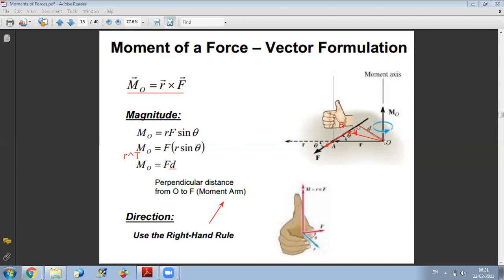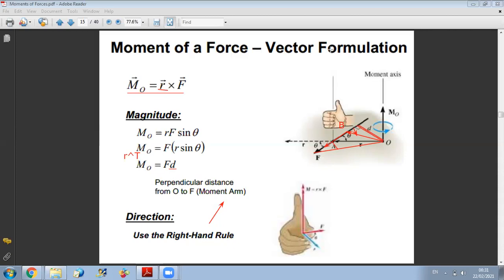So try also another point. If you try the point here, for example, this will be theta, this will be R, but when you do R sine theta, also you will get the same result, which is D. So the position vector can be any vector joining the point about which I want to do the moment to any point of the line of action of the force.